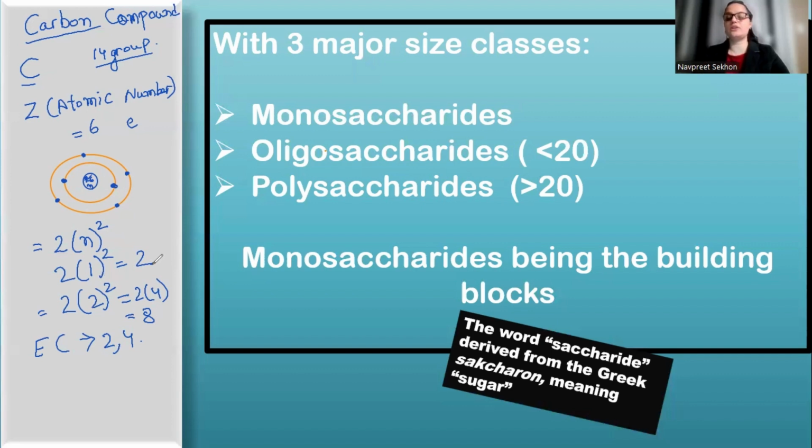In the second shell, its capacity is 8 electrons, but after giving 2 electrons to the first shell, we are left with 4 electrons. So those 4 electrons are arranged in the second shell, which gives us the electronic configuration of carbon to be 2 and 4. Now, after this, a very important thing which we need to discuss is the noble gases.